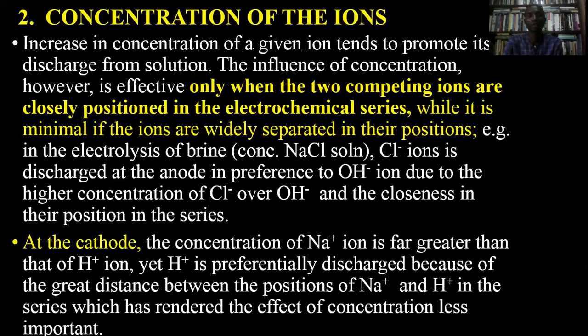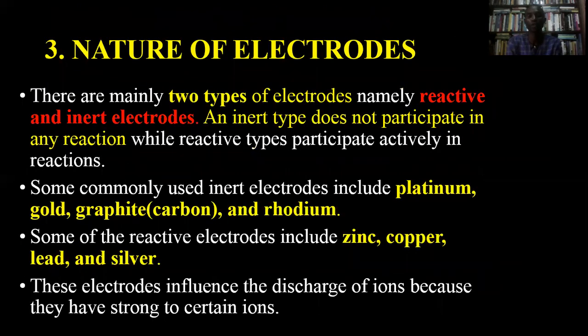All right, the last of the factors to be considered is the nature of the electrode. We have talked about the electrode, the metallic wires. We have several electrodes to be used, but the nature of the electrode used affects the ion to be discharged.